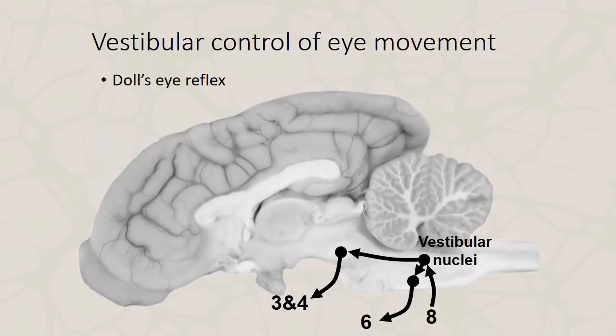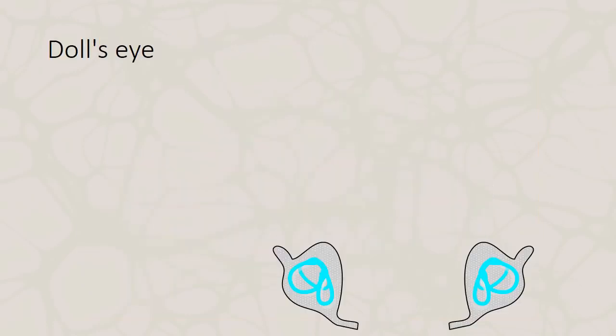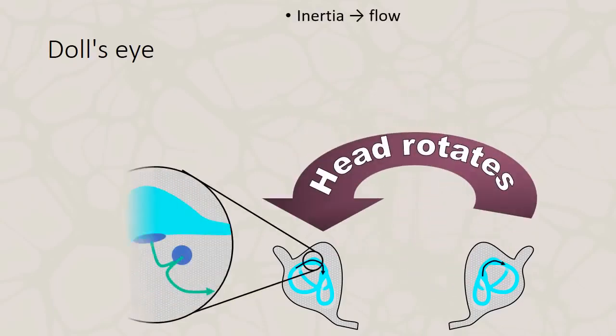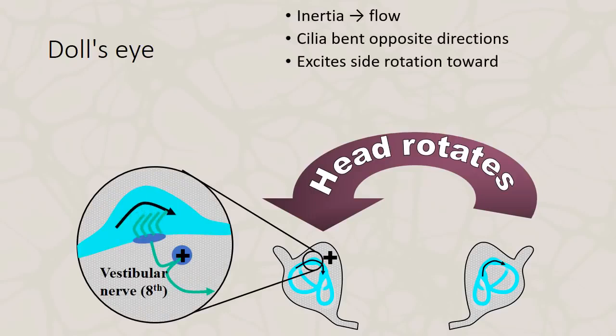Now, we can force eye movements by using the vestibular system's control over the eye position, known as the Doll's eye reflex or the oculocephalic. This still involves cranial nerves 3, 4, and 6, and the direction of the movement will depend on which nerve is involved. Recall that the oculocephalic is based on the movement of the head, creating an effective movement of fluid in the semicircular canals in relationship to the hair cells.